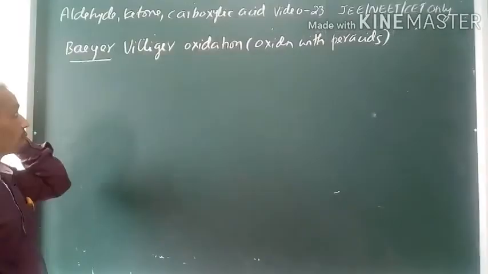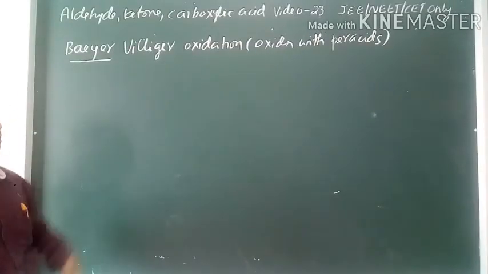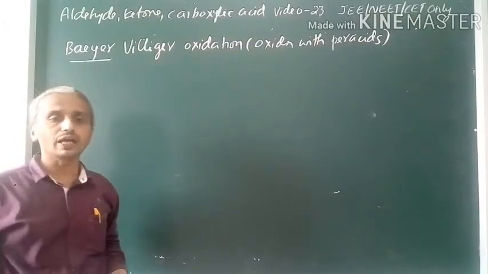Next one is Baeyer-Villiger oxidation, which is oxidation with peracids.